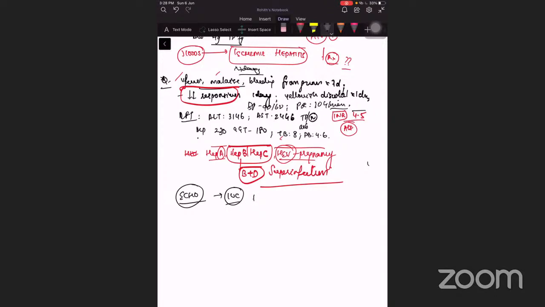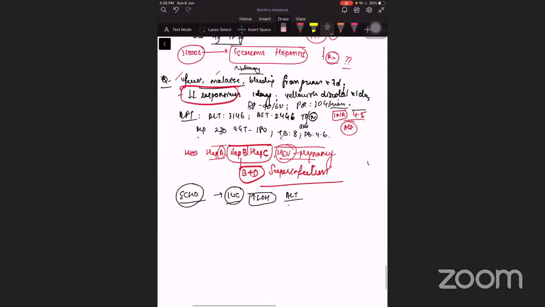Sometimes by chance you have sent LDH levels, because usually when you have elevated bilirubin, sometimes we send LDH to differentiate hemolysis versus non-hemolysis. So if there is LDH elevation because of RBC death and death of the cardiac tissue, then the LDH is going to be very, very high. So LDH will be disproportionately more than the ALT.